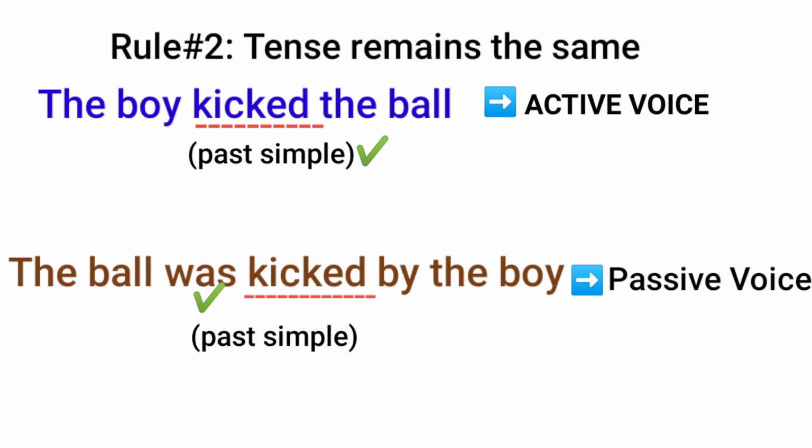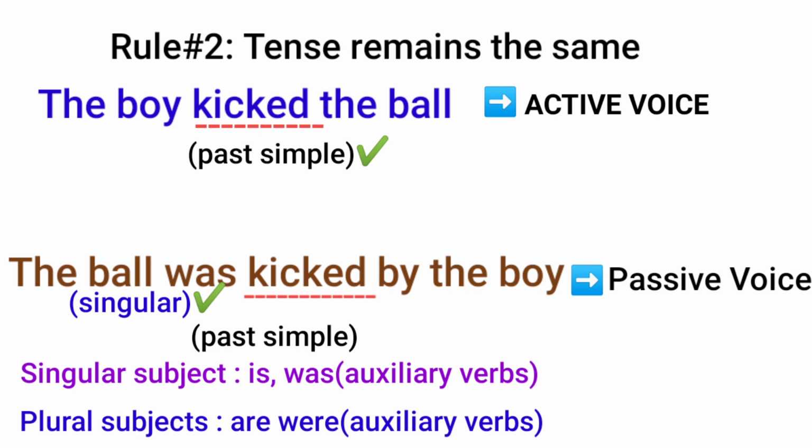The tense of the auxiliary verb remains the same as it was of the main verb in the active voice. In the passive voice, the auxiliary verb is conjugated according to the subject. If the subject is singular, then the auxiliary verb will also be in the singular.